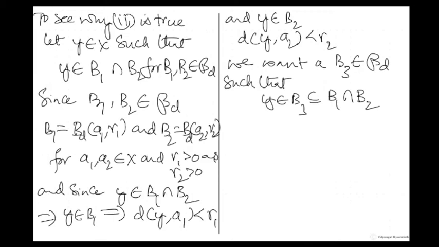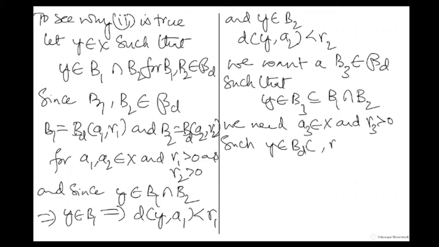Since we want a B3 in B_d, B3 has to be an open ball. So we need a3 in X and r3 greater than 0 such that y belongs to the open ball of radius r3 centered at a3, and this is completely contained in B1 intersection B2.